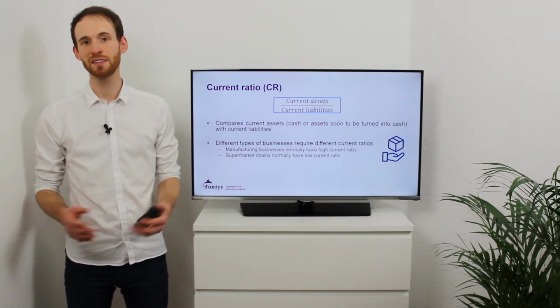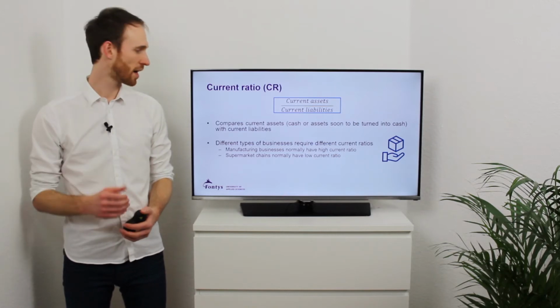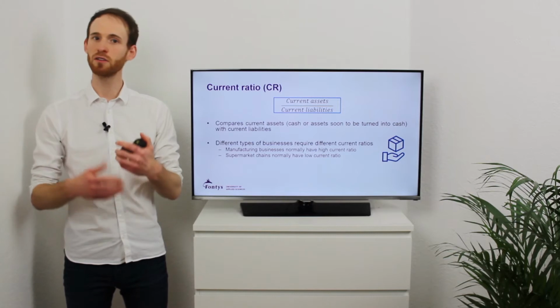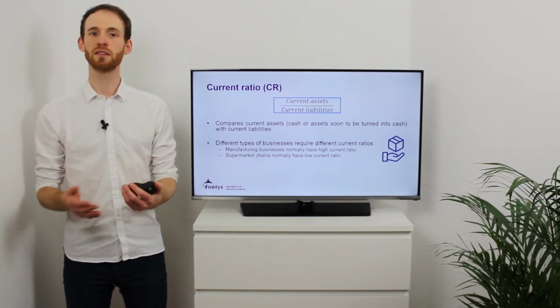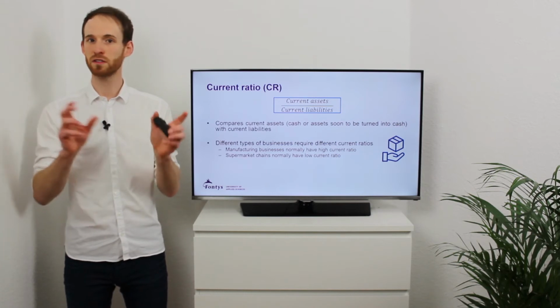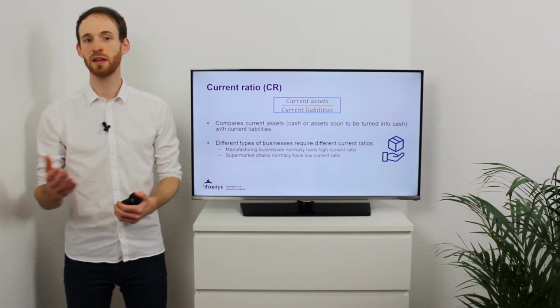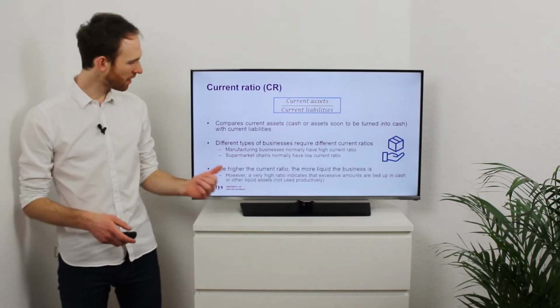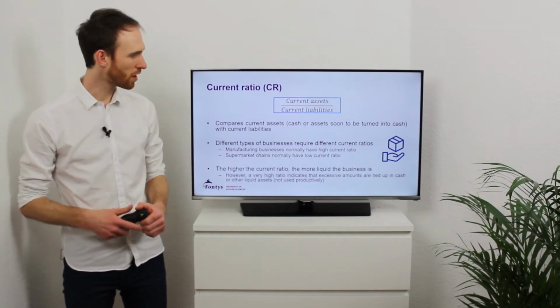So this basically means that if you want to compare these two types of businesses, manufacturing and supermarkets, it doesn't really make sense. Also when you look at real companies and analyze them, it doesn't make sense to compare across different industries, because every industry might have different requirements. Finally, the higher the current ratio, the more liquid the business is.